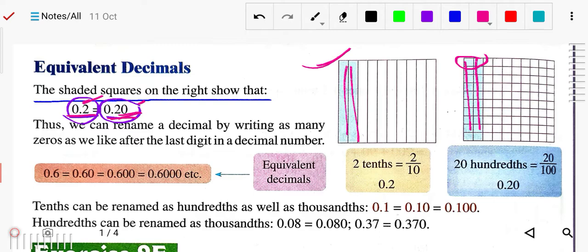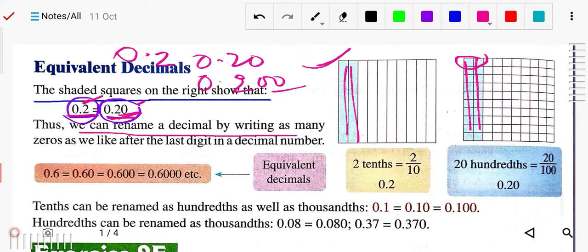And what we conclude is that you can rename a decimal by writing as many zeros as we like after the last digit of the decimal.